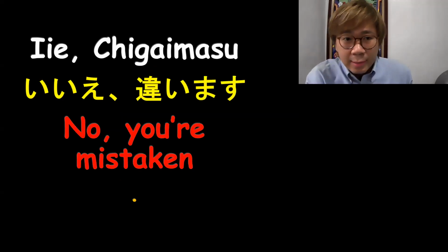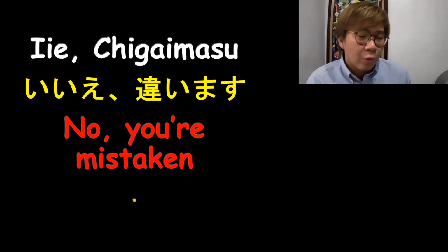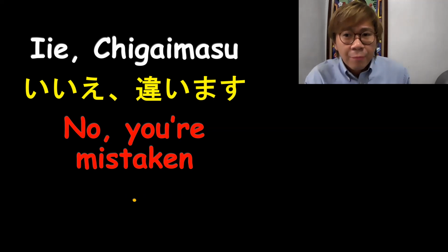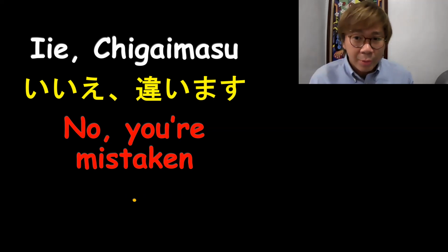Iie chigaimasu. Iie is no, chigaimasu is you're mistaken. So no, you're mistaken. So this is the term that we use to politely contradict or to rectify, or let's say if you find the details have an error, so it is a polite way of saying no, you are quite mistaken or you have a wrong perception of things.